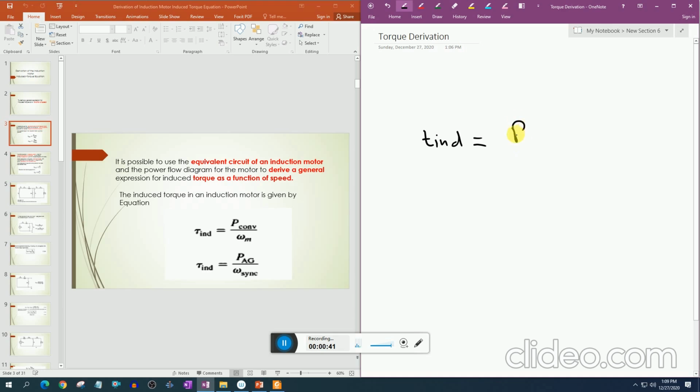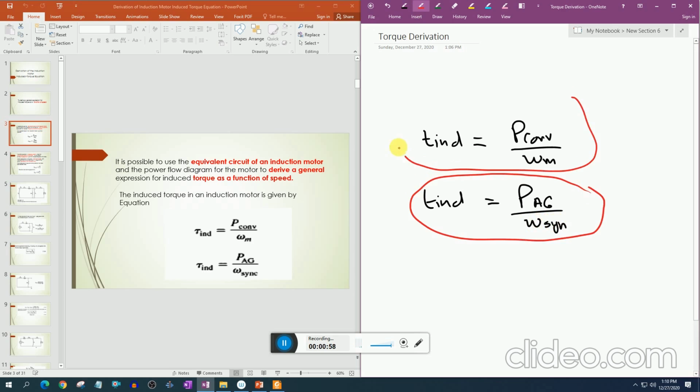is equal to P converted divided by omega m, or torque induced is equal to P of air gap over omega synchronous. These two formulas we already studied in the previous lecture. But now in this lecture we are going to find the torque induced equation as a function of speed.